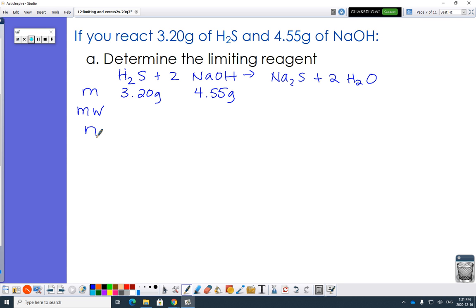But we do have to do both. So we have to do H2S. So sulfur's 32. I'm gonna cheat and round. Plus 2, which is 34. Sodium is 23 plus oxygen, which is 16, plus 1 is 40. If you want, stick this in here.